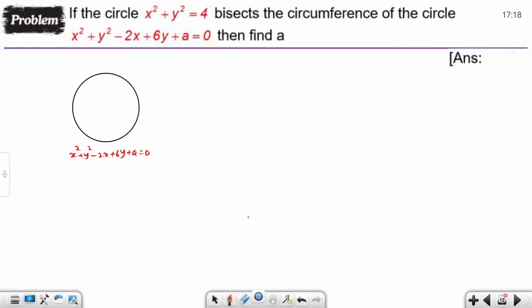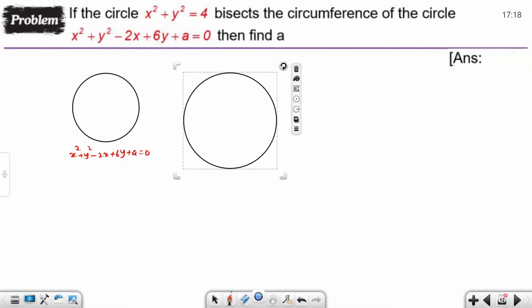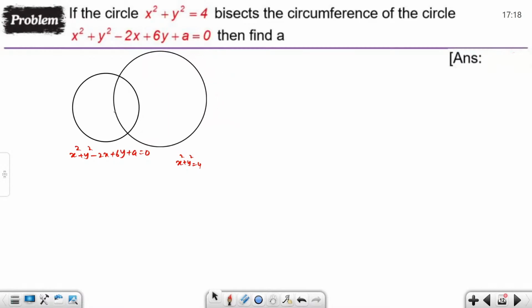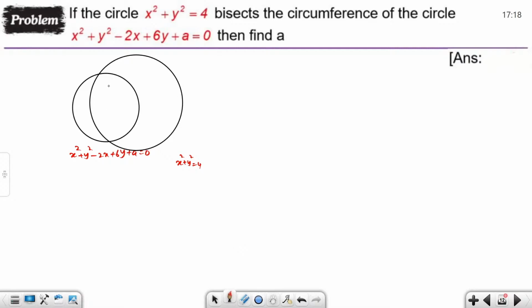Now it is saying that there is another circle which is x square plus y square equals to 4. This is the equation of this circle. Now what happened? This circle bisects the circumference of the given first circle. It is bisecting the circumference of the first circle. Is it clear or not?